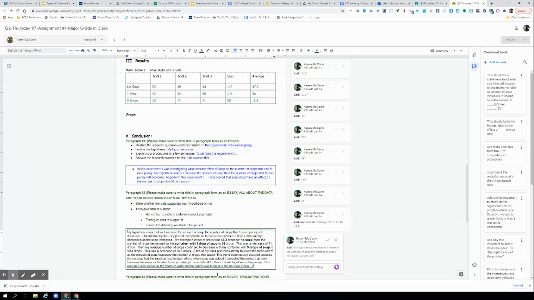The other two groups had a much flatter appearance, and even the drops coming out of the syringe were not as big or round as the no soap. All right, we're done.